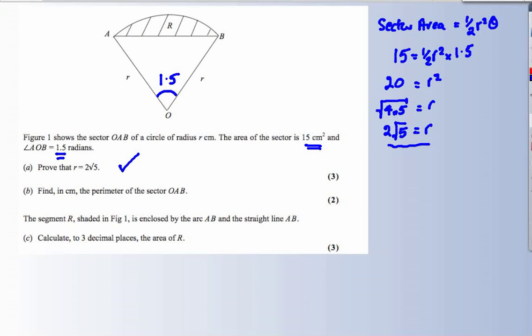Moving on to the perimeter, this arc length is going to be given by r theta. Once again, a radian formula.